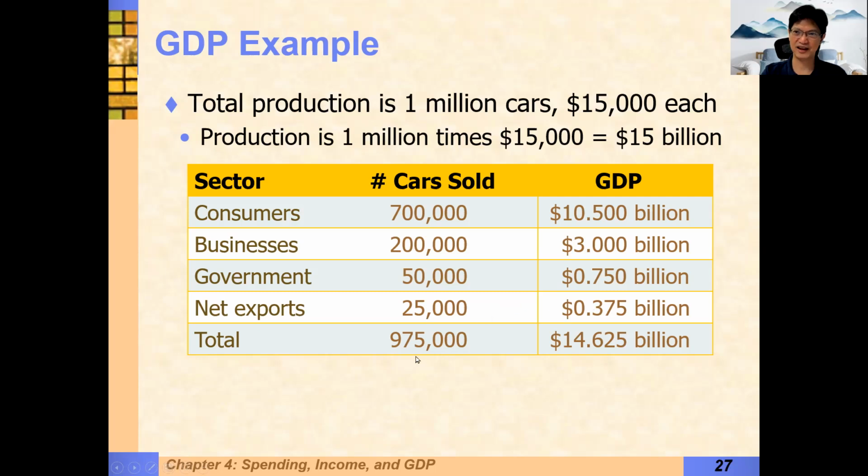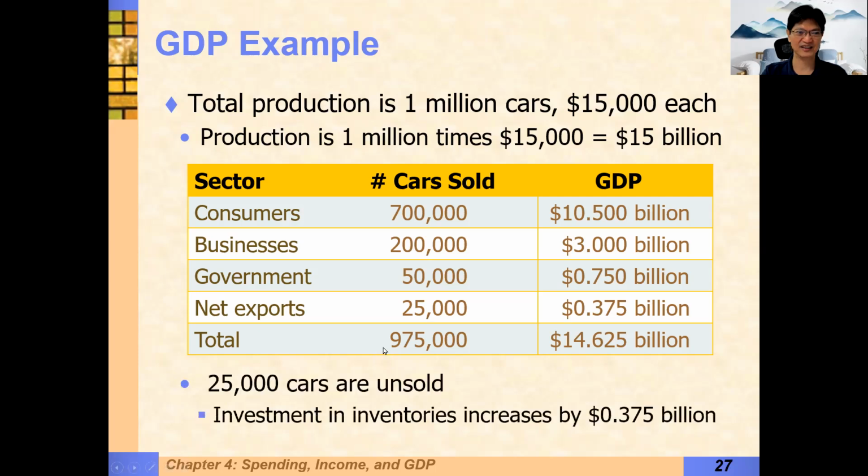But now, suppose that not all of the cars are sold. We produce 1 million cars, and only 975,000 cars are sold. And GDP doesn't seem to add up. Well, that extra 25,000 cars, remember, that's inventory investment. It's not sold, but not thrown away. So it goes into inventory. That's inventory investment. We add that to investment.